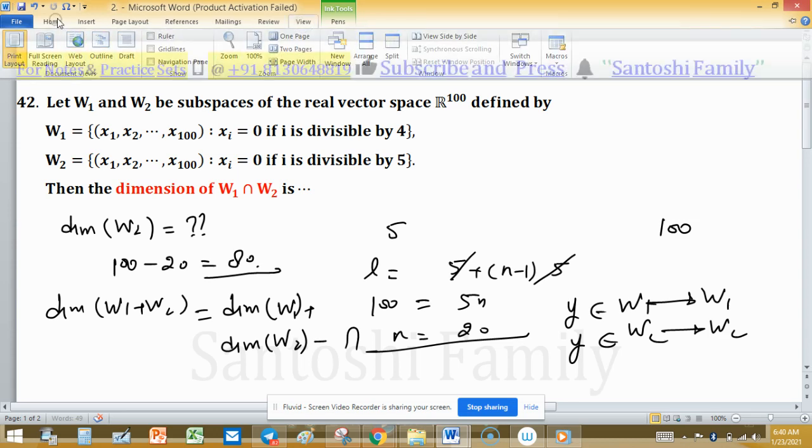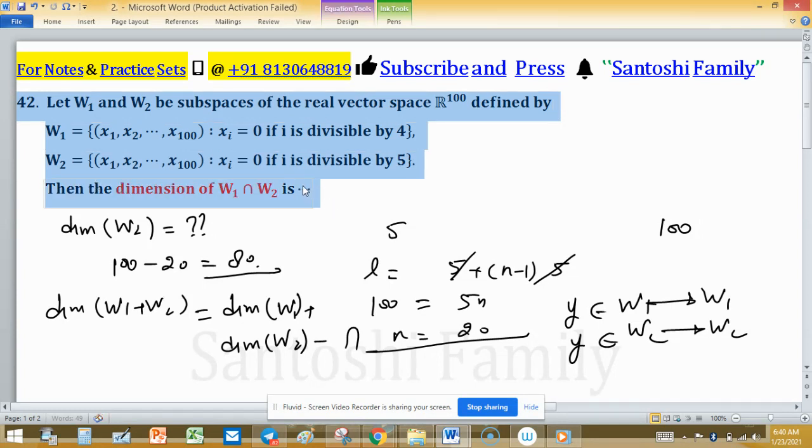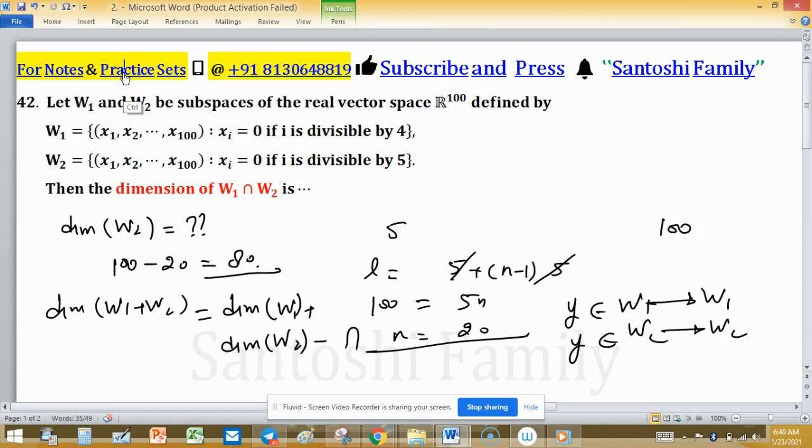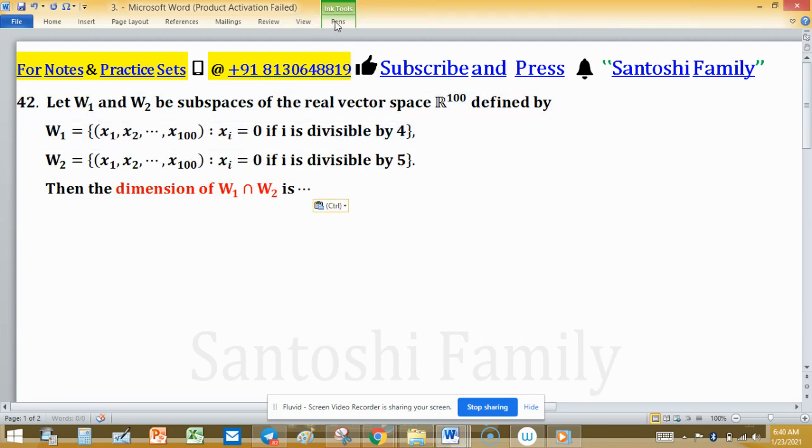So to find the dimension of the common part, y is in W1 and y is in W2, so y will satisfy the properties of W1 and W2.